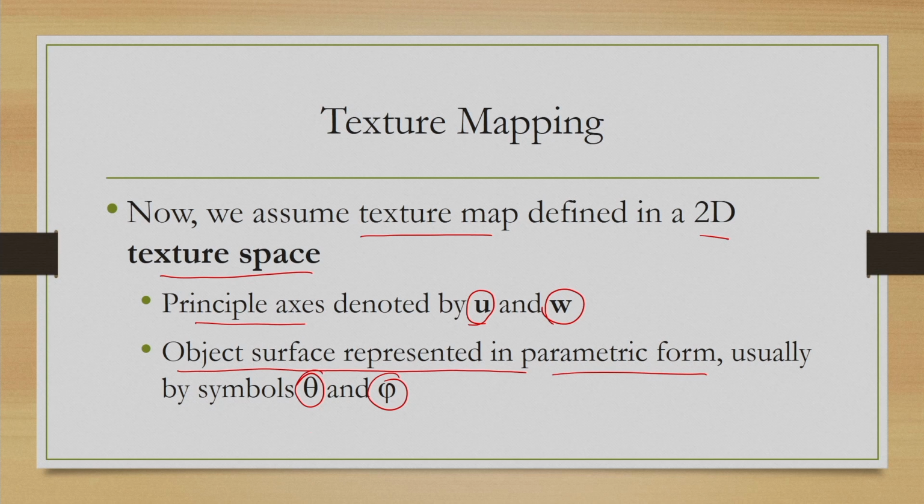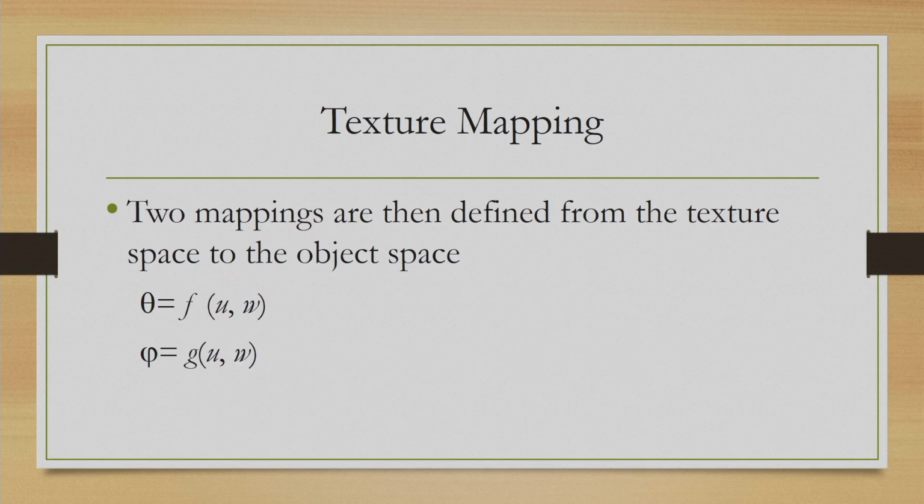Of course, this is one notation, there can be other notations as well. Then we define two mapping functions from the texture space to the object space. These are the forms of the mapping functions shown here. This is the one and this is the other one.